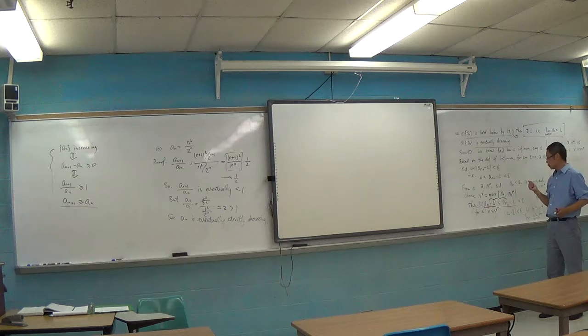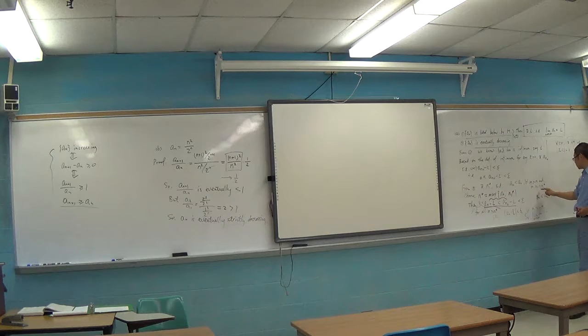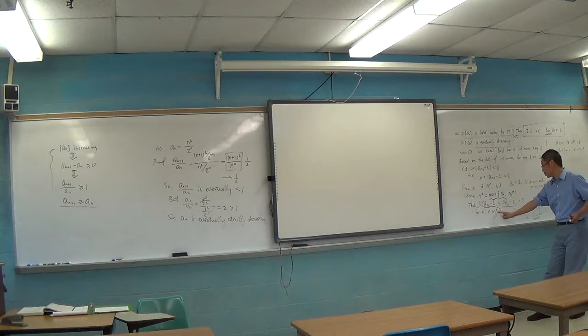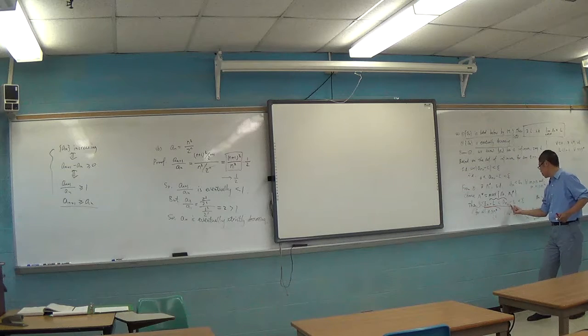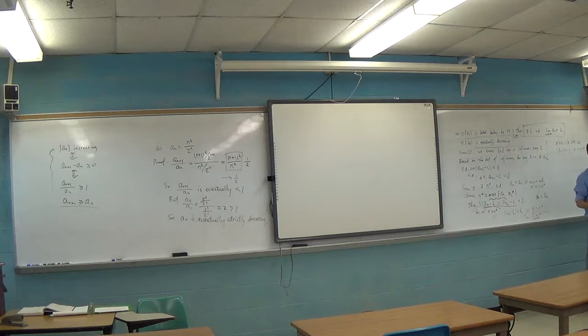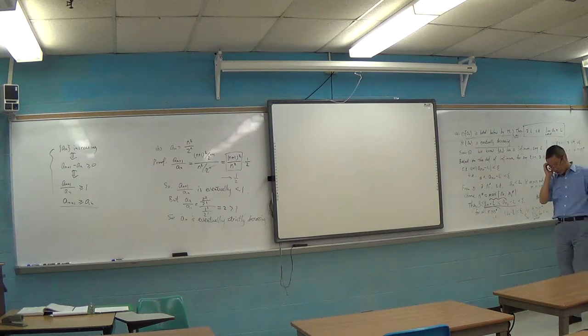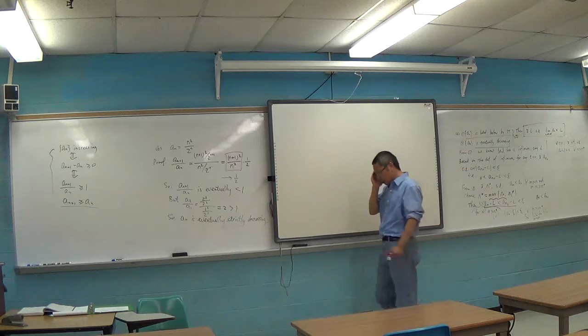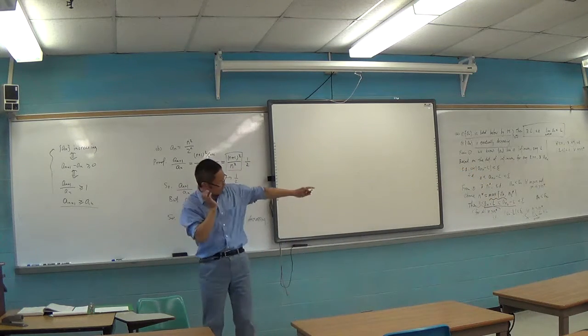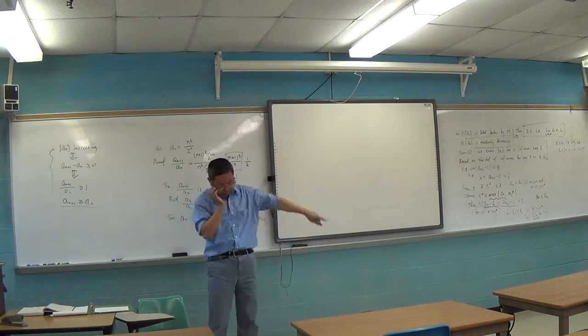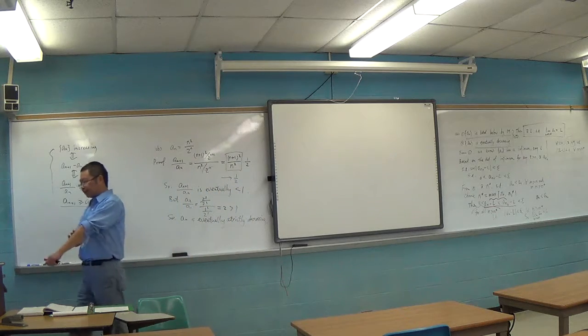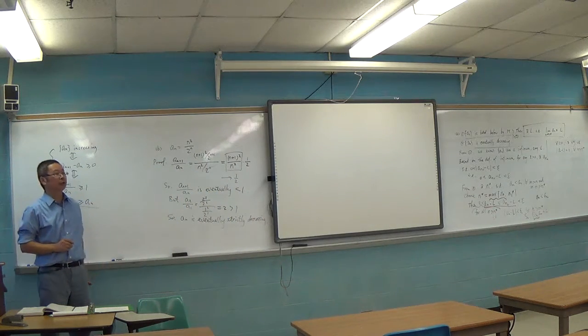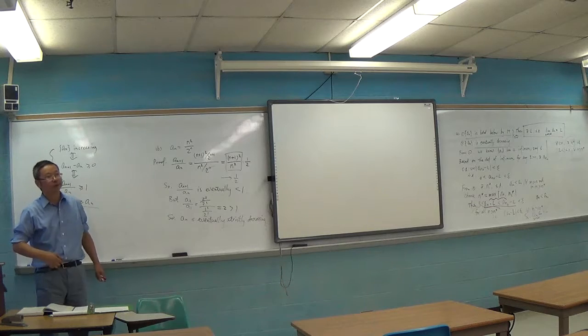We can derive that for all n greater than some n star, this is always true. So based on the definition of limit, this is true. Okay, this is the idea. We need to use the definition, and there's a little problem here. Let me think it over after class.